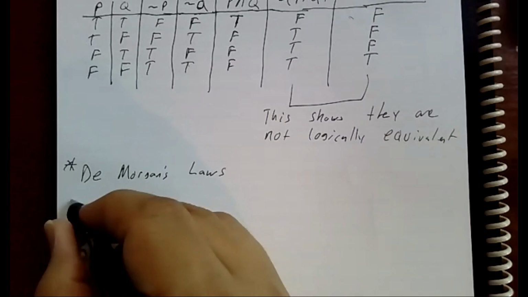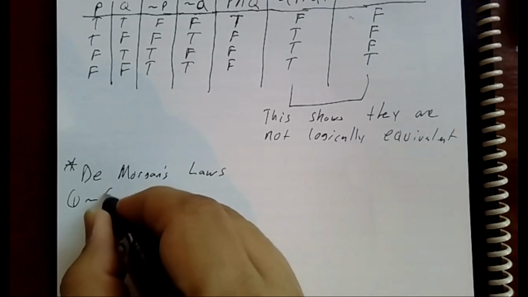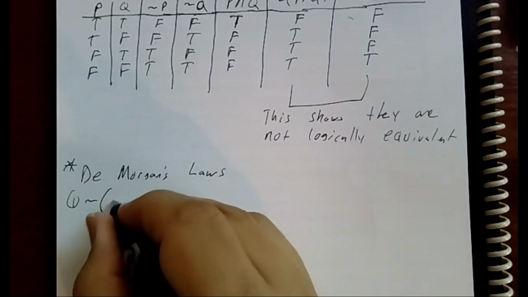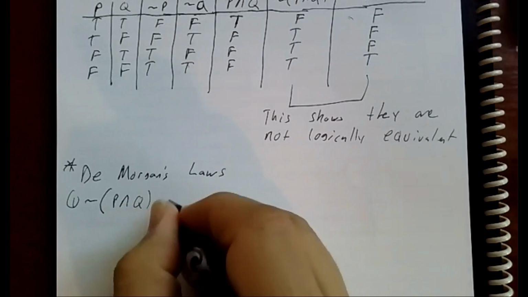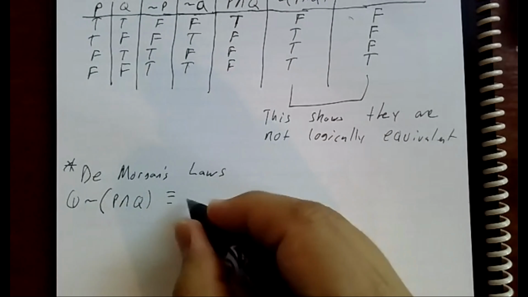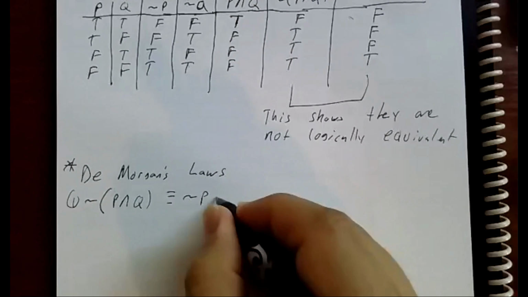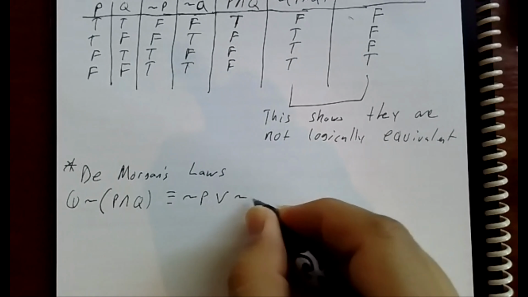So number one, the negation of P and Q is logically equivalent to not P or not Q.